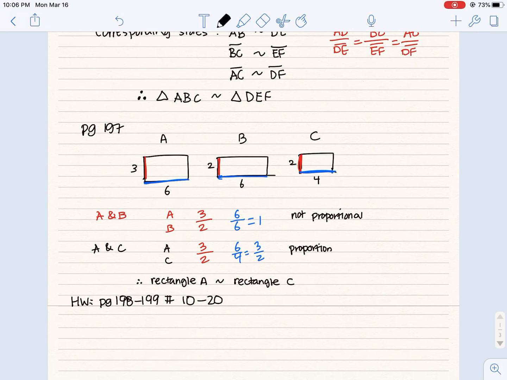So you are going to work on every single question. This is not just even numbers. You're going to have all of them answered. Okay, I will be putting up the pages so you can work on them.